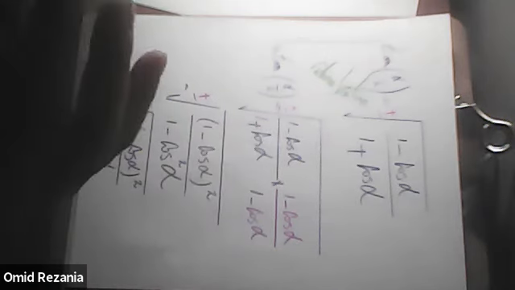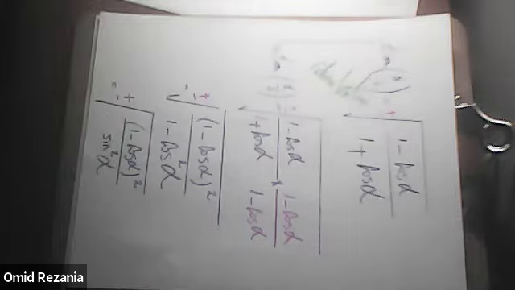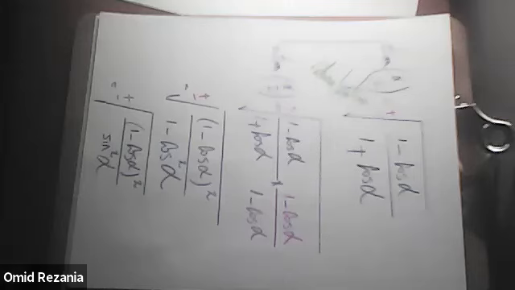You always change the sign in order to rationalize your expression. You see, what did I do? I multiplied both numerator and denominator by the conjugate of the denominator. The denominator is 1 plus cosine alpha. Its conjugate becomes 1 minus cosine alpha.